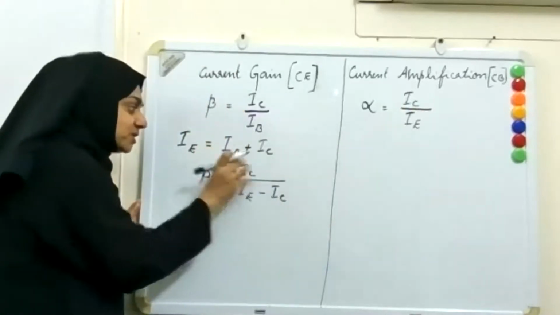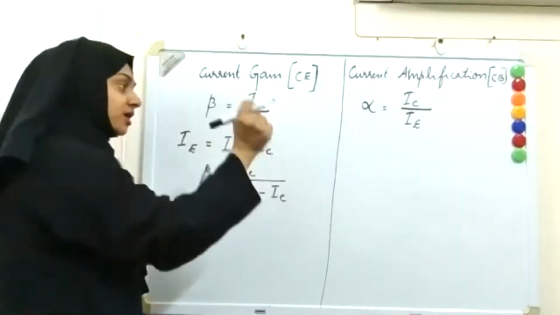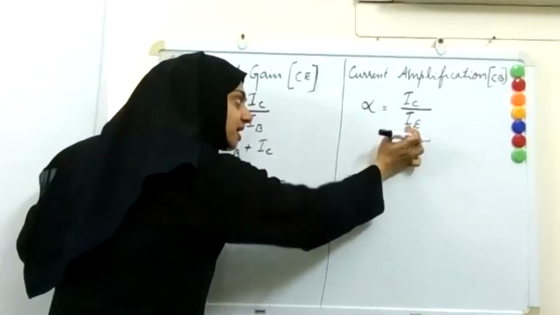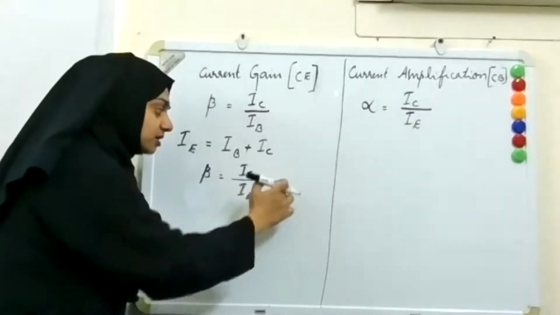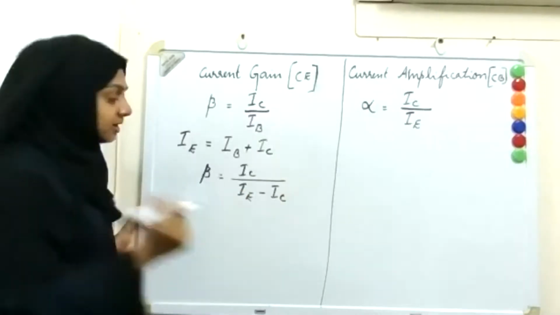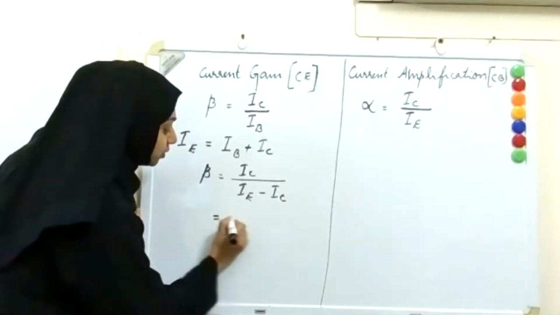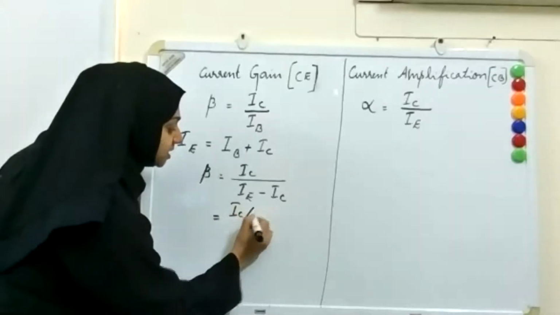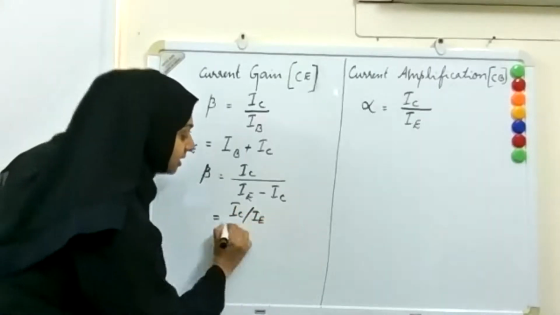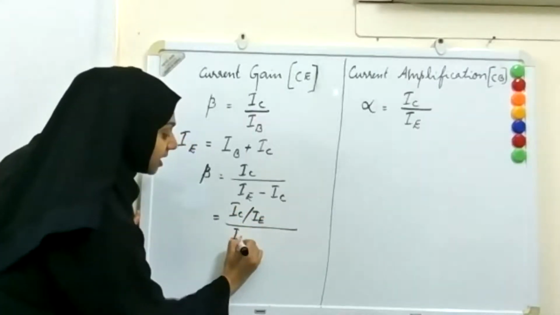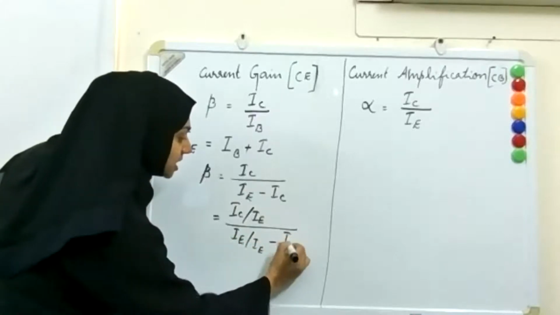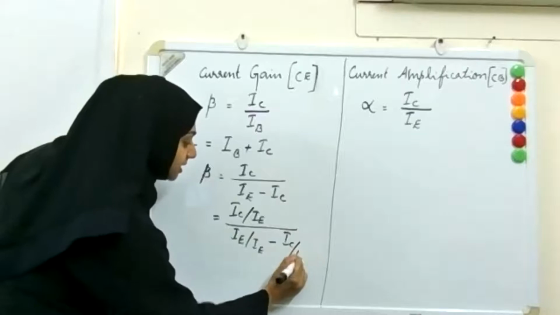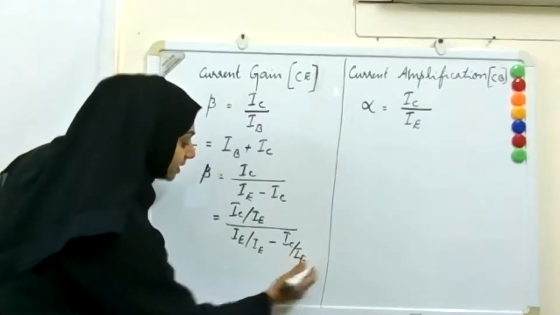I'm trying to express this in terms of alpha. So I am dividing both the numerator and denominator, all the terms, with IE. So this is equal to IC by IE divided by IE by IE minus IC by IE. This is clear?